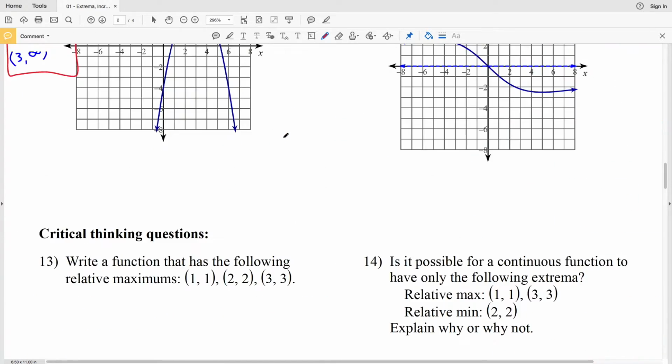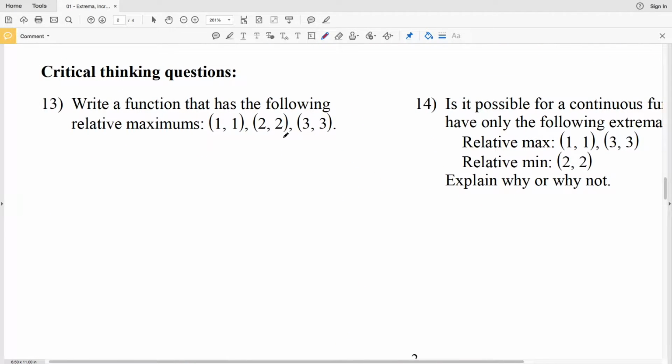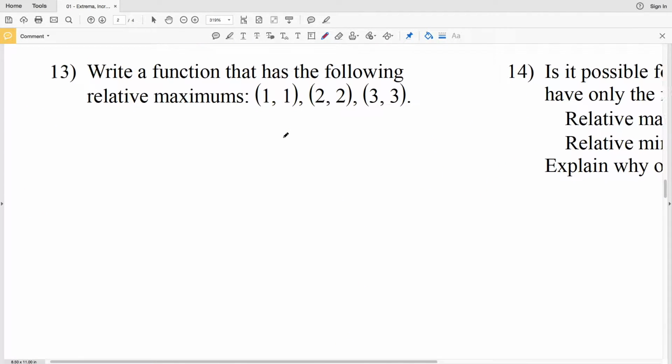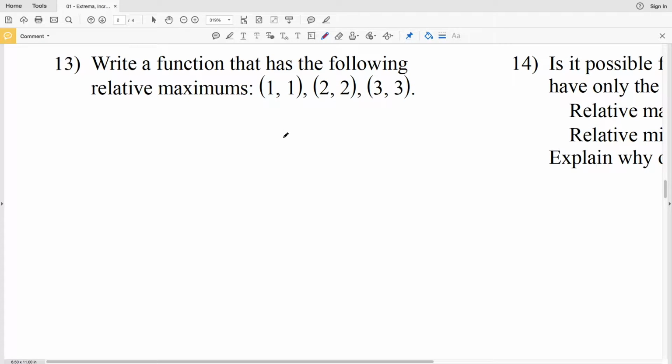Now onto the critical thinking questions. For number 13, it says to write a function that has the following relative maximums: (1, 1), (2, 2), and (3, 3). And this seems rather difficult, but we just have to remember a couple things from Algebra 2.